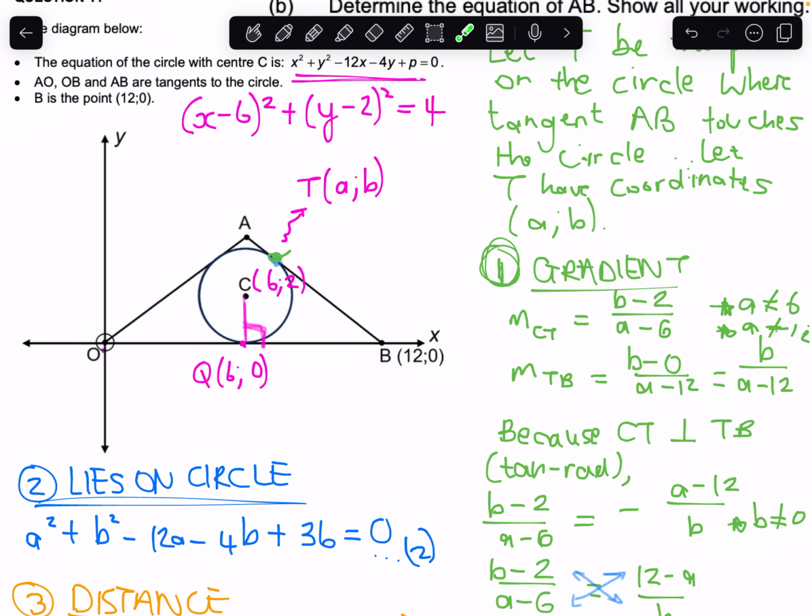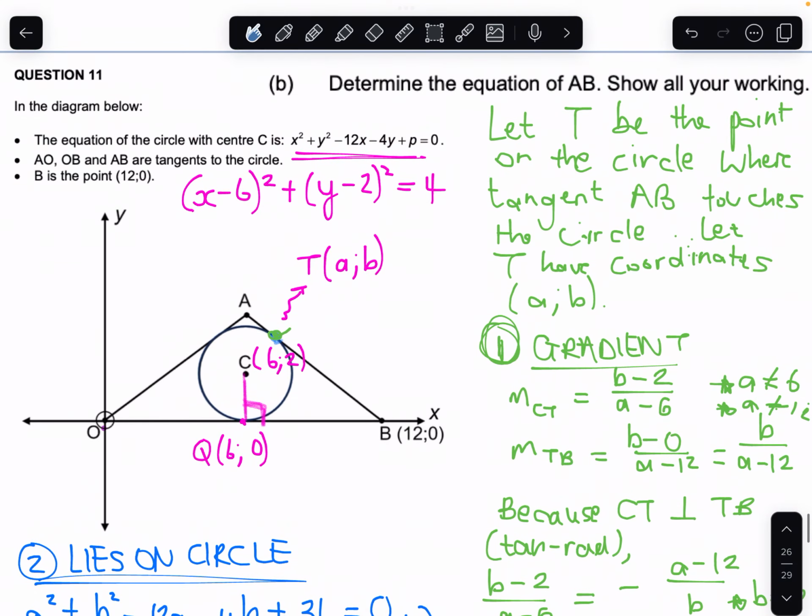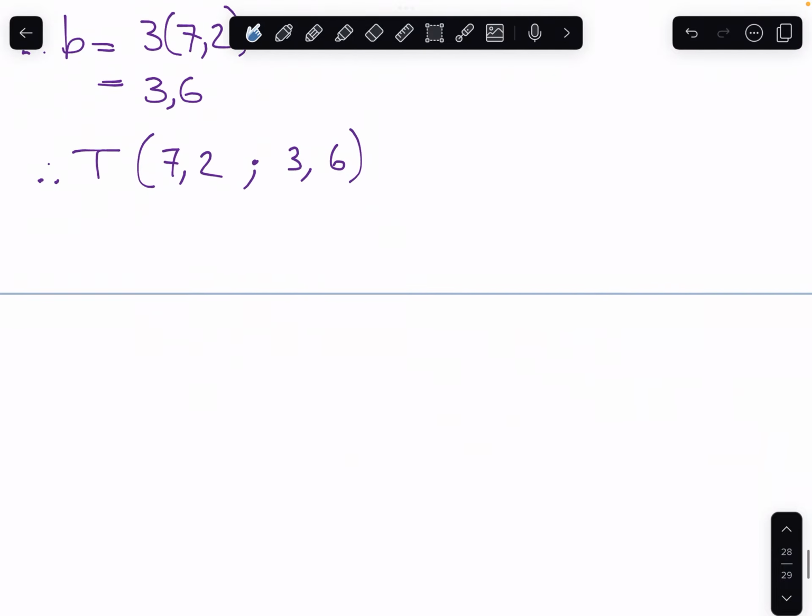Anyway, so we now have the coordinates of T. We know that B is 12, 0, so we can now figure out the equation of the line AB. So let's do it.